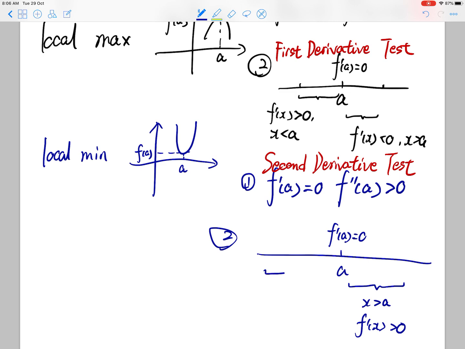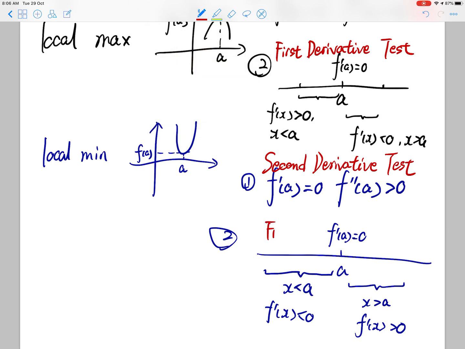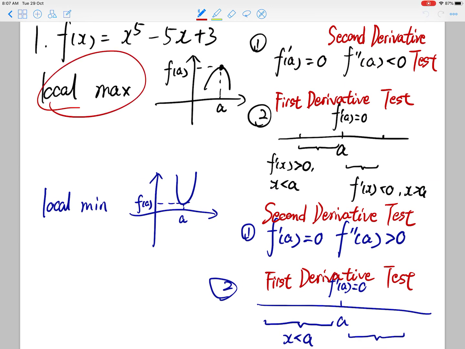When x is slightly smaller than A, the function is decreasing, so the derivative should be negative. So this is the first derivative test. This is a local minimum case. This is a local maximum case.